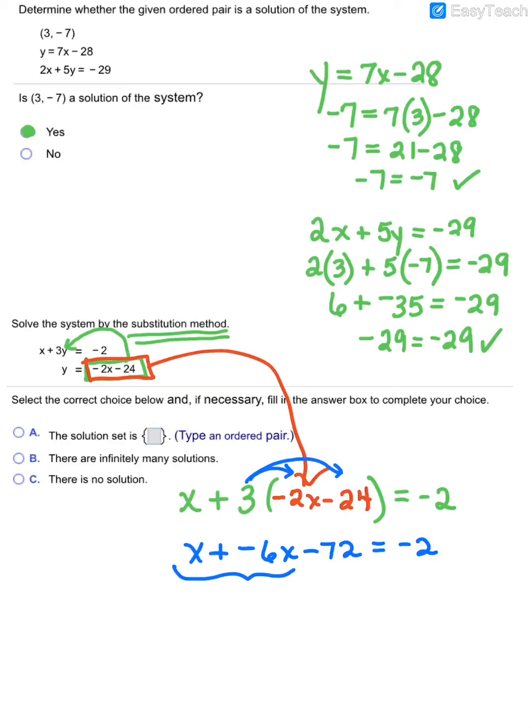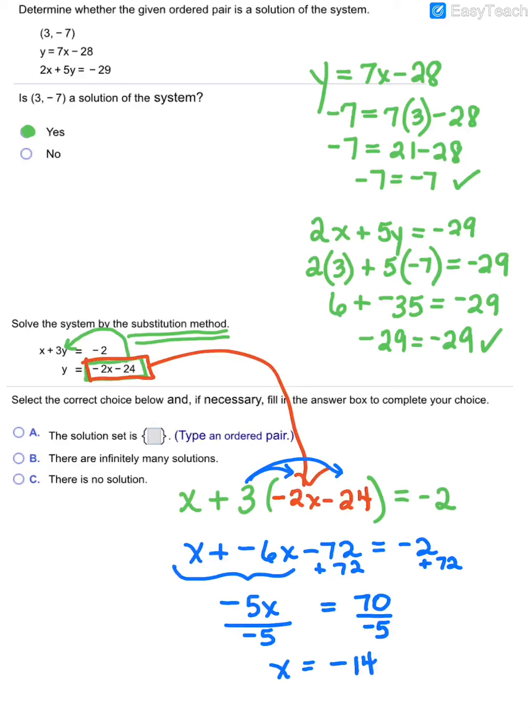Combine my x's here, and I have a negative 5x. I'm going to go ahead and add 72 to both sides while I'm on that. So that is equal to 70. Divide both sides by negative 5. And in this case, my x is going to be equal to a negative 14. So that is your x.